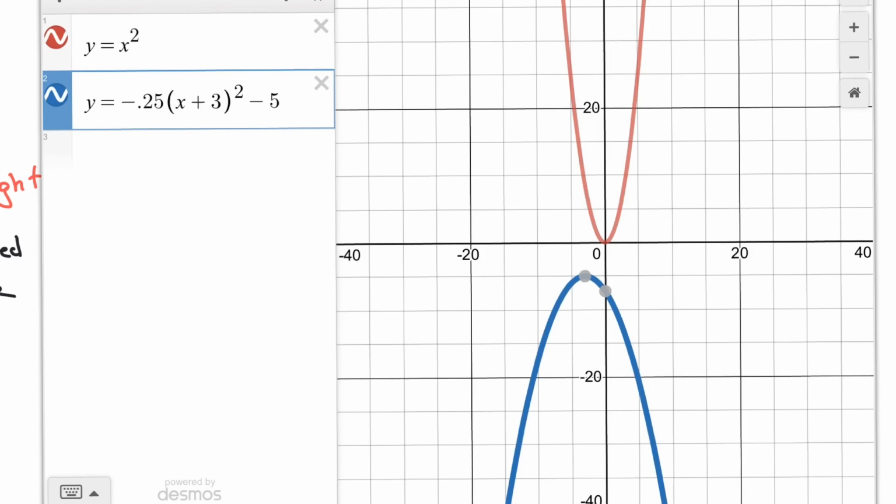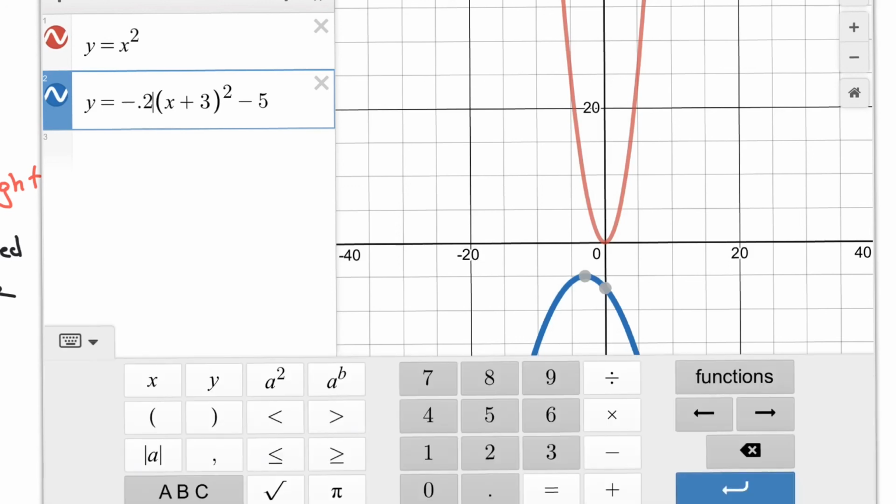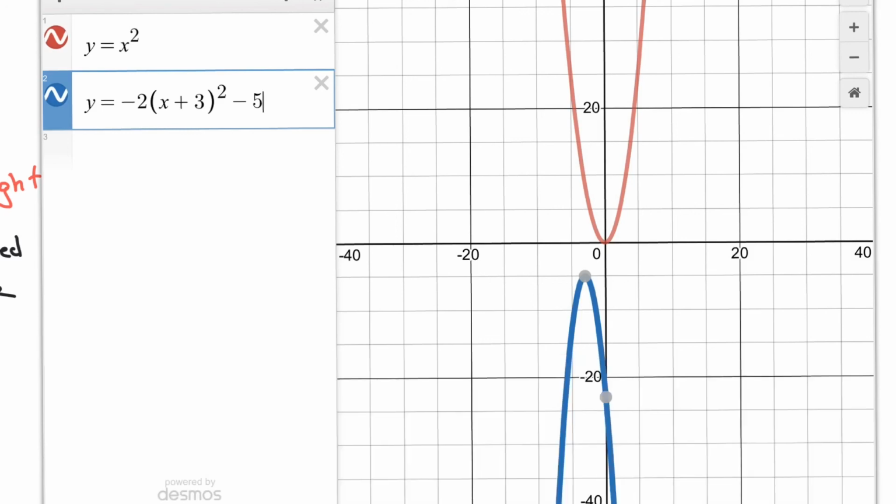But let me go back to the one we have in the actual example. Let me change that to a -2, and then we'll talk about the transformation again. So we do have the width of the parabola, parent function up here, and the width of the transformed function.